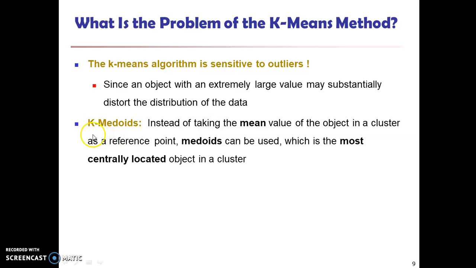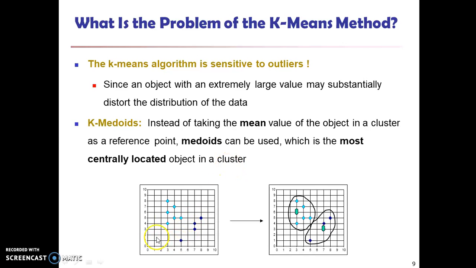The second one is k-medoids. Instead of taking the mean value of the objects in a cluster as a reference point, medoids can be used, which is the most centrally located object in the cluster. So a medoid is the data point that is the most centrally located object in a cluster.